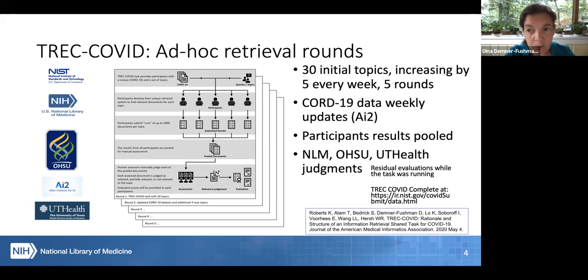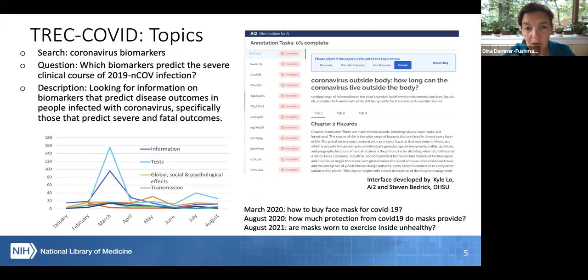The teams that co-organized the challenge were the National Institute of Standards, us, Oregon Health, AI2, and UT Health. So this is an example of a traditional track topic. I think everyone in this group is familiar with what one looks like, but here's an example anyway. The first part of that topic is the search terms that you would type into a search engine box.